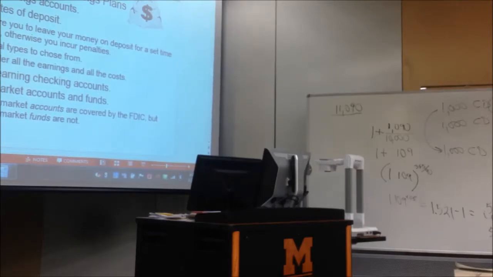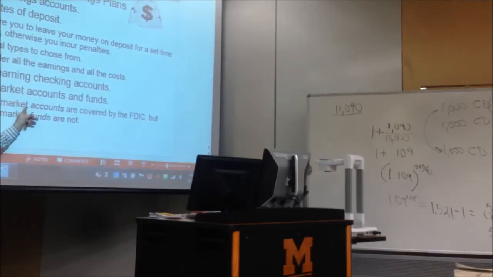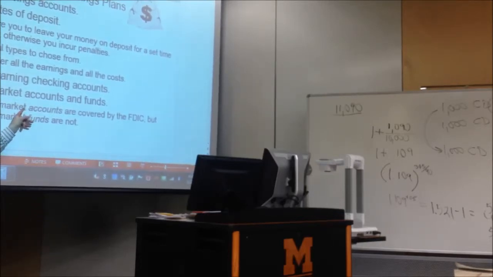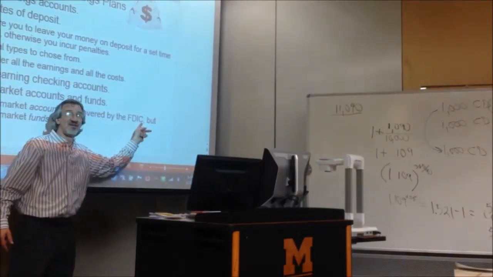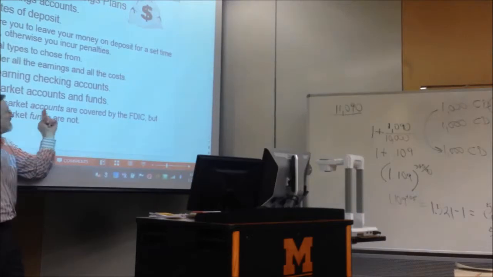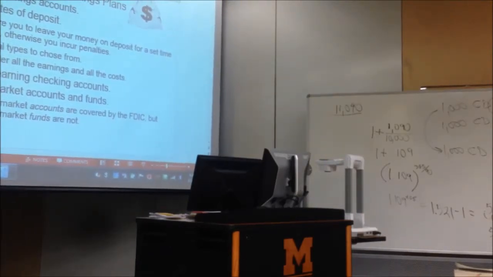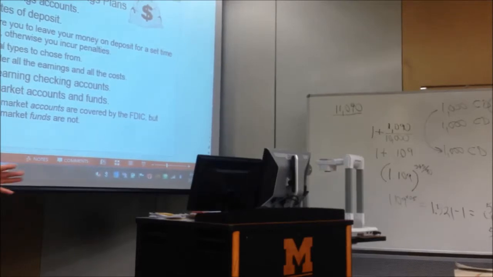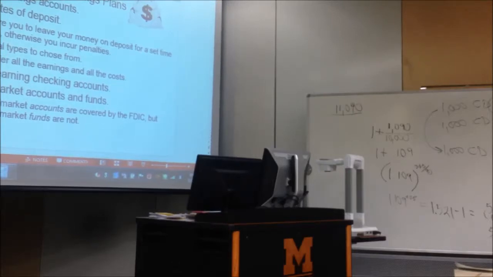At a bank or credit union, they're called money market accounts. If you put money in a money market account at a bank or a credit union, it's insured. But if you put the money in a money market fund at a financial institution, it's not insured. That's the difference you've got to make sure you realize, even though they're almost the exact same.